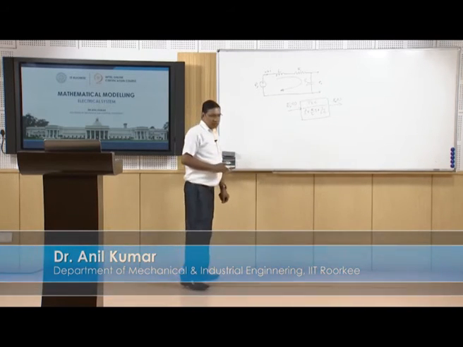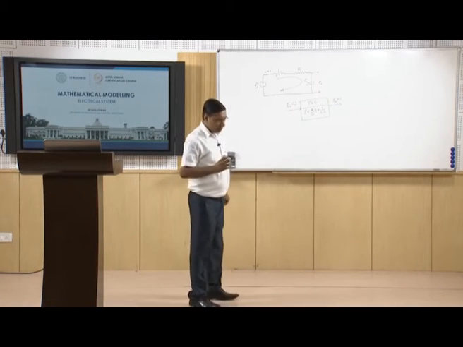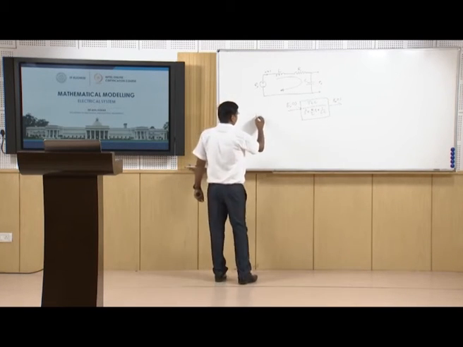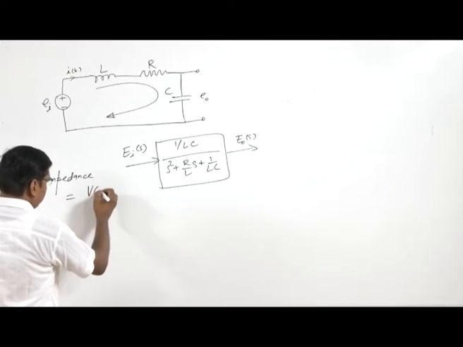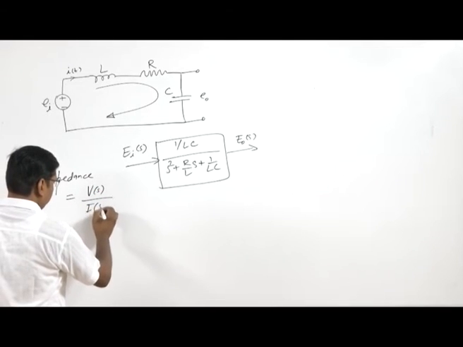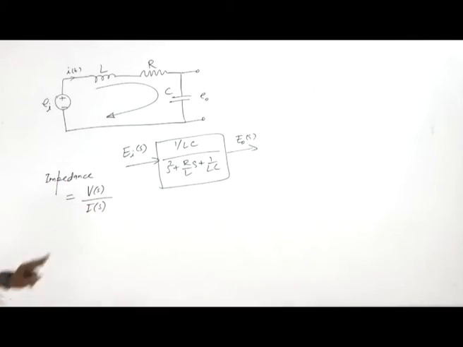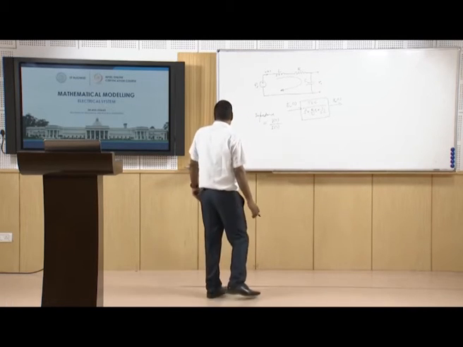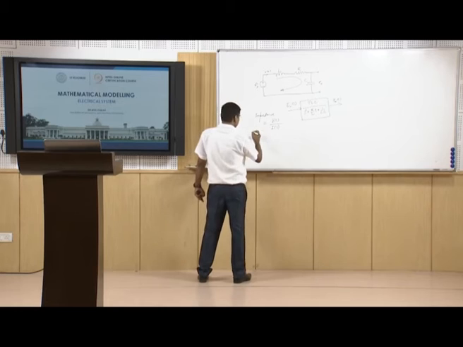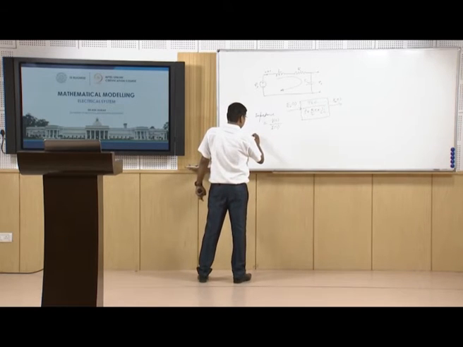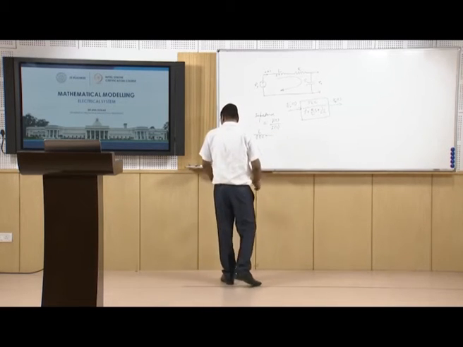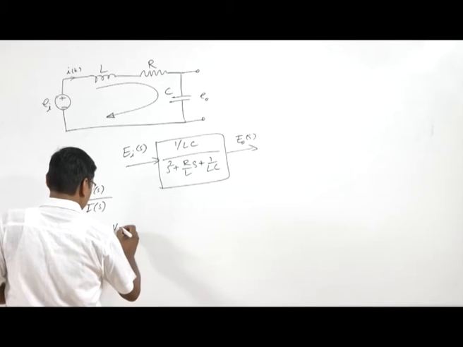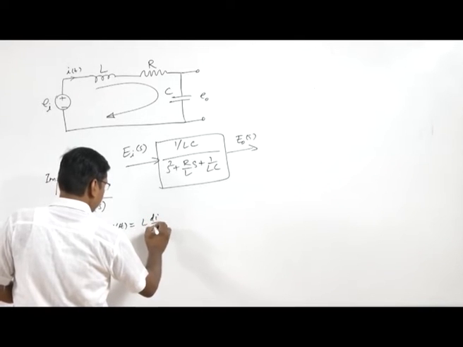In an electrical system, the impedance is defined as voltage upon current in the s domain. So for an inductor L, where v(t) equals L di by dt.